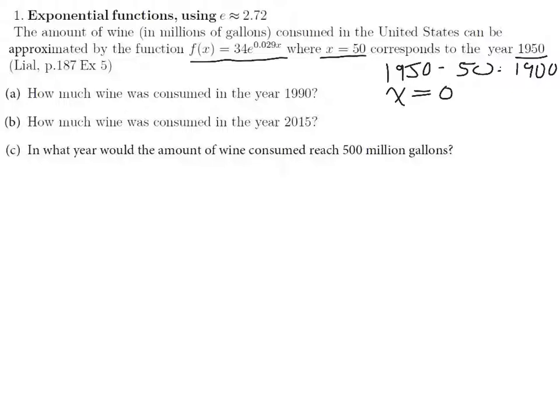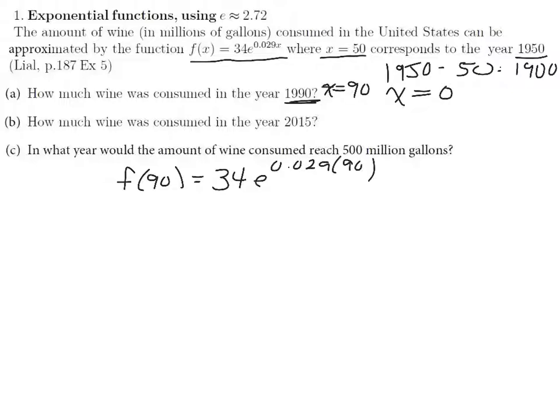So it says how much wine was consumed in the year 1990. So in 1990, that's 90 years from 1900. So here our x is going to be equal to 90. So we're going to substitute x equals 90 into this function. F of 90 is going to equal 34 e to the 0.029 times 90.